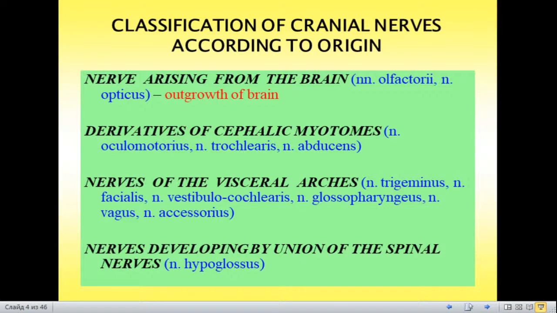Now we will discuss some classification of cranial nerves. The first one is based on development of cranial nerves. Due to this classification, all cranial nerves can be subdivided into 4 big groups. First one, nerves arising from the brain, which are quite specific nerves. They are the first and second pairs, olfactory nerves and optic nerves.